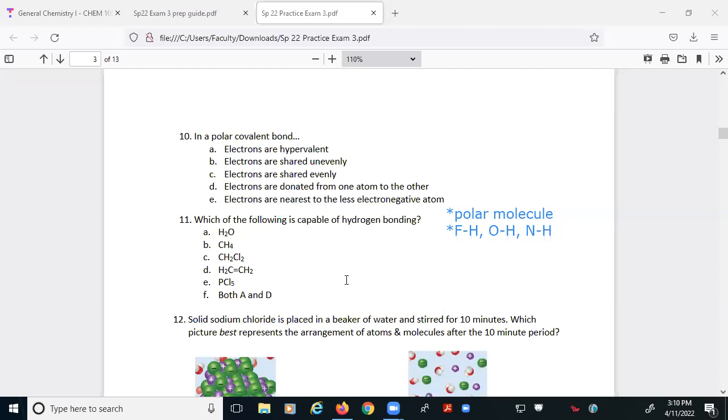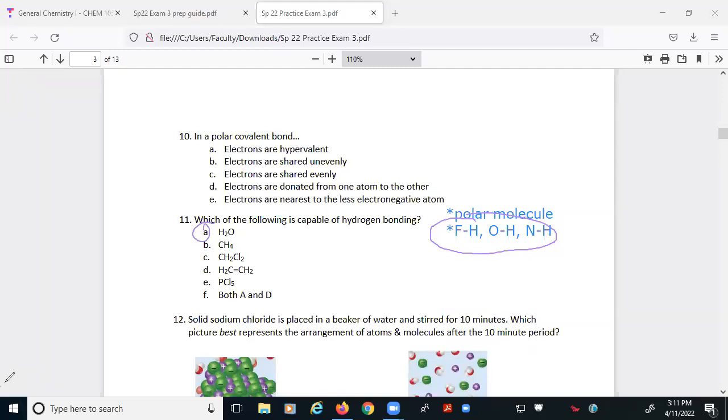really, even if you didn't know that some of these are polar and some of them are not, just based on this definition, none of them have this kind of bonding other than letter A. There's no oxygen, nitrogen, or fluorine in any of the molecules other than the first.